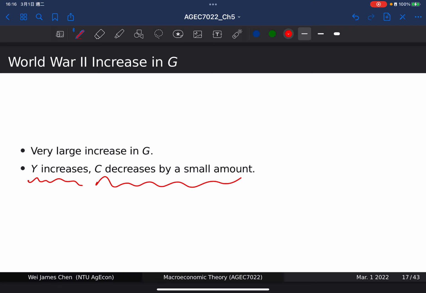Remember, in this model, like I said before, G you can think of as collecting the tax and burning the money. Actually, we don't really have money here. Everything we've talked about so far, and for the whole semester, we're not going to use the money term. Think of it all in real terms.